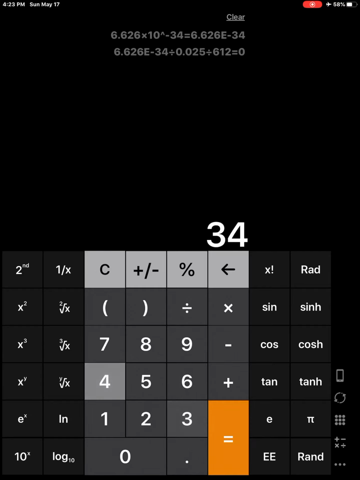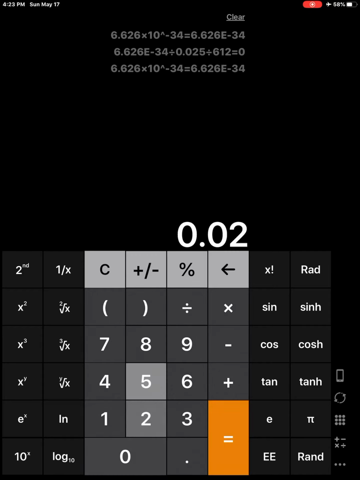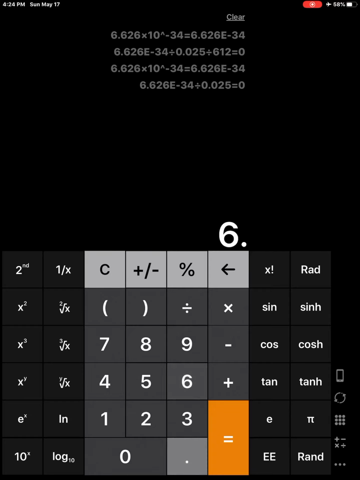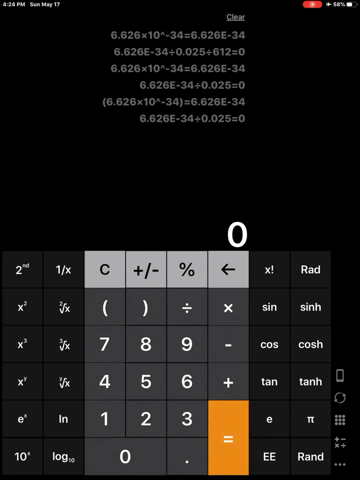Let me try it again, maybe with parentheses. Okay, this calculator doesn't really want to do it.